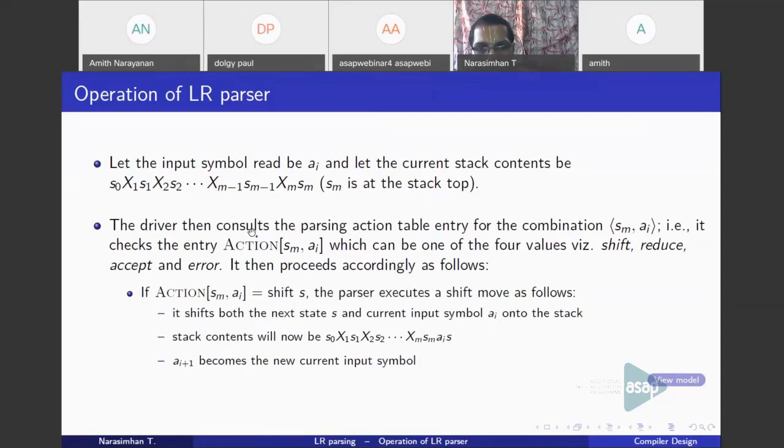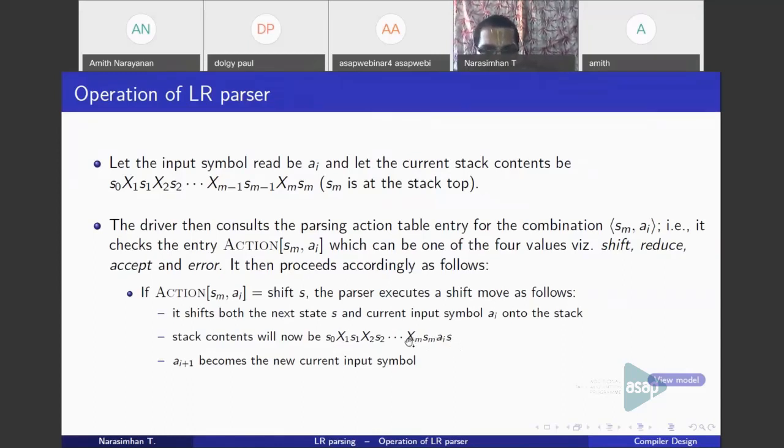Before this action, these were the stack contents. When you perform this action, you shift both the input symbol and the state into the stack. So the stack will now become S0, X1, S1, X2, and so on, ending with Xm, Sm, and now you have pushed the input symbol Ai followed by the next state S.